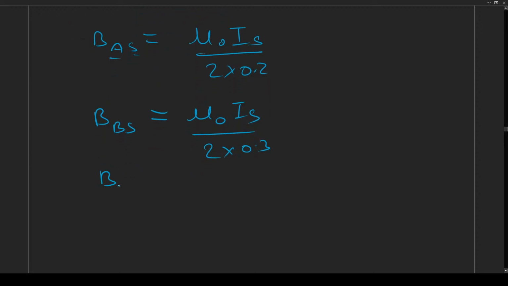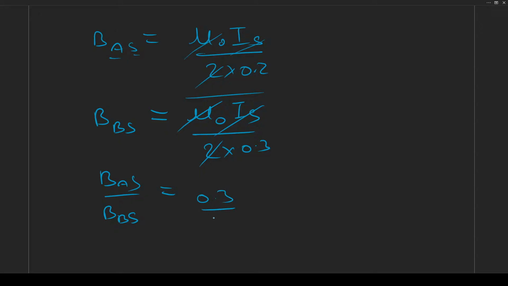So BAS by BBS, which is what they asked us to find, will be mu naught, 2 cancel, I cancel. So it will be 0.3 by 0.2, which is basically 1.5.